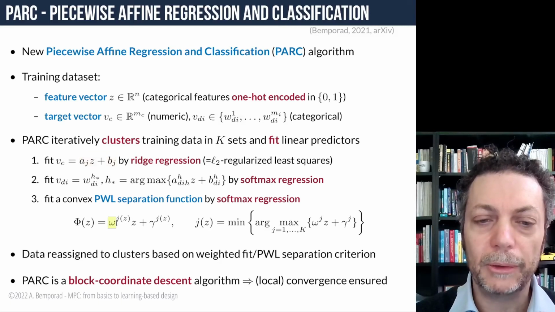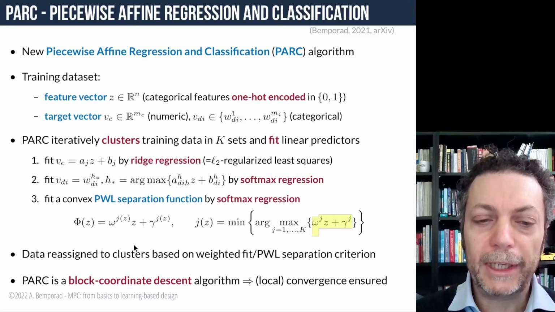Okay, so the function you want to find is actually given by the maximum of linear functions whose coefficients you want to learn from the given clusters so that you can separate the clusters as much as possible.